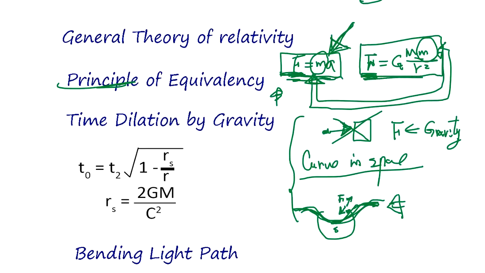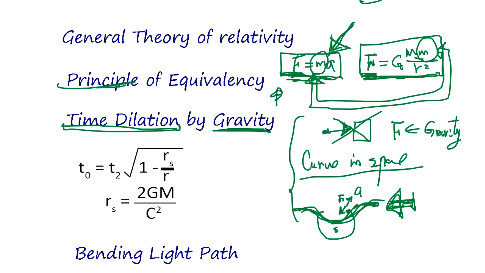That's why they are the same mass, and this curve acts on mass, and sometimes it's acceleration and sometimes it's gravity. So everything is unified into this. Okay, so gravity causes time dilation.